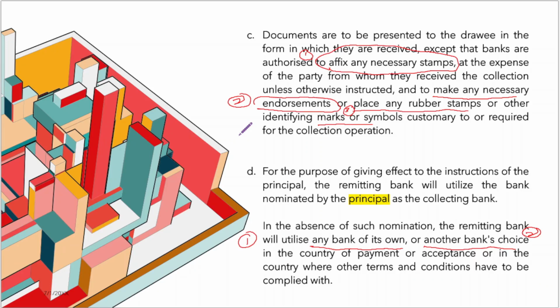So if you see, subsection D speaks about you selecting a collecting bank. Here, the primary responsibility to select the collecting bank is with the principal. And when such nomination by the principal is not available, the responsibility comes to the remitting bank. There, the remitting bank can choose or can utilize any bank of its own or even choose another bank's choice.